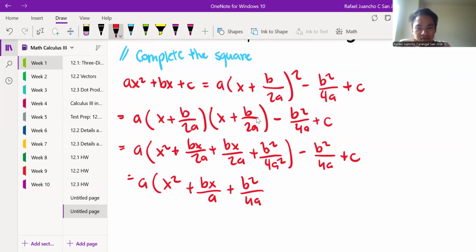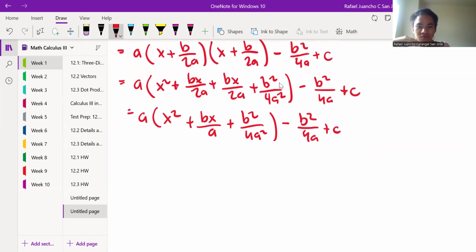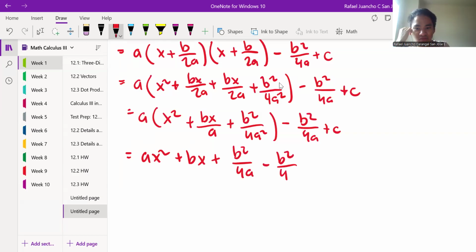Then we copy again. And basically, we just multiply a. So this is ax squared plus bx plus b squared over 4a minus b squared over 4a plus c, and this is basically 0.